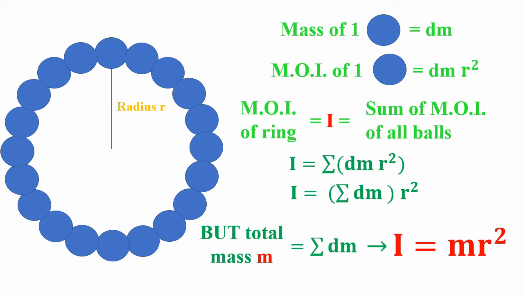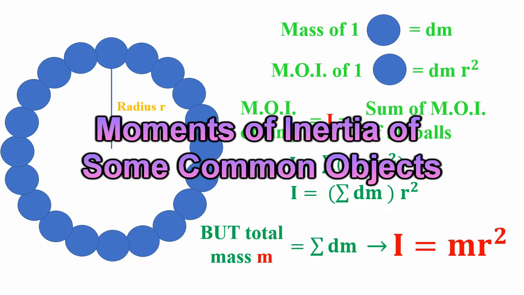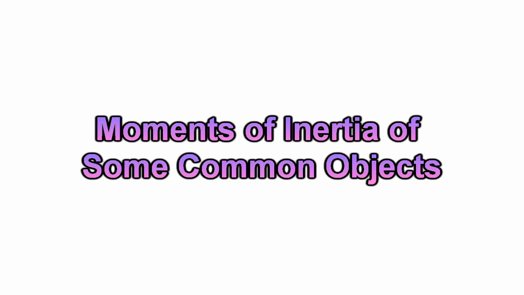So you see, the moment of inertia of a ring is the same as the moment of inertia of a point object. Now that we've discussed the fundamentals, let's go over the moments of inertia of some common objects that you will encounter.